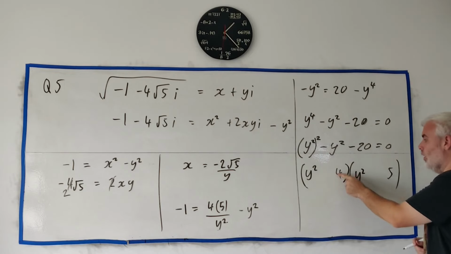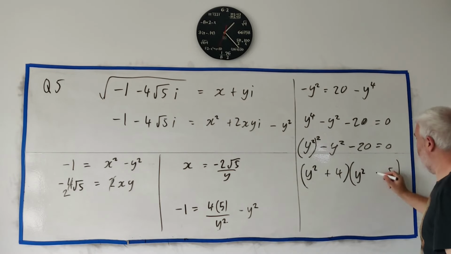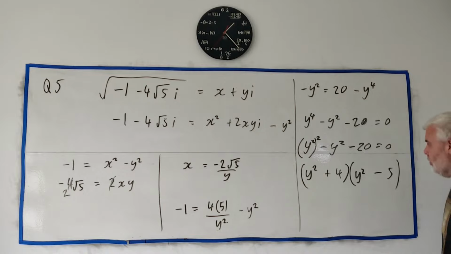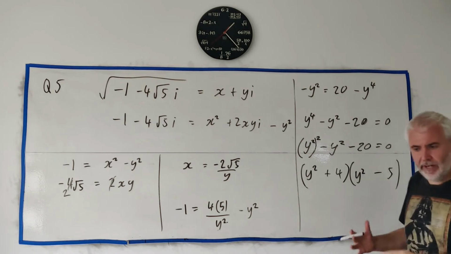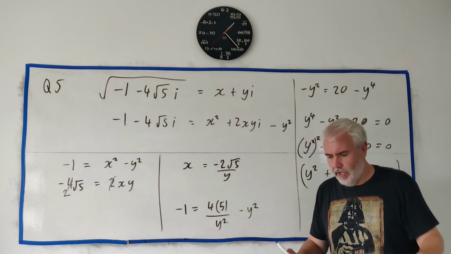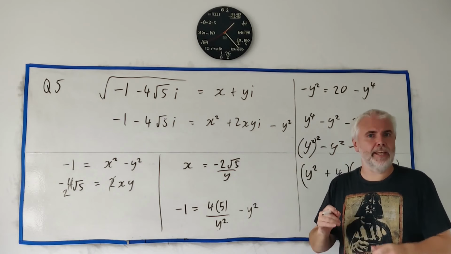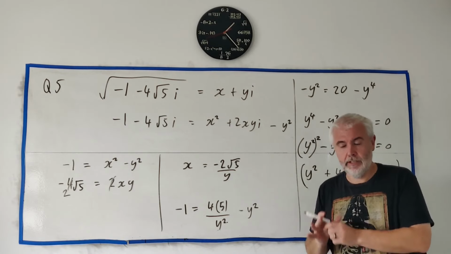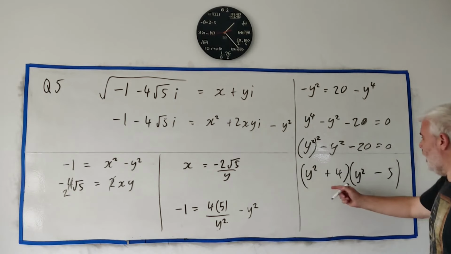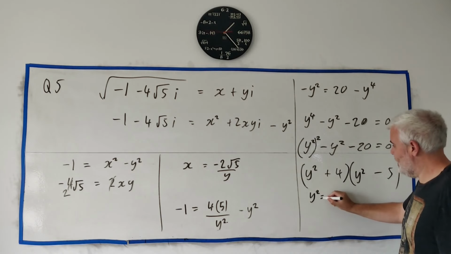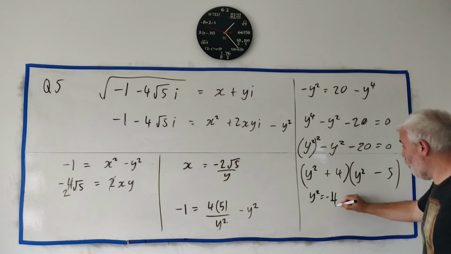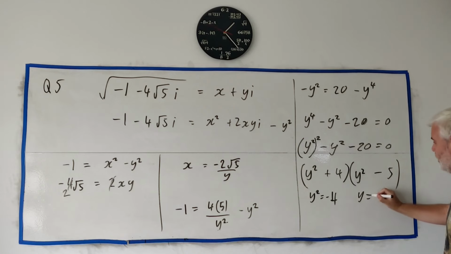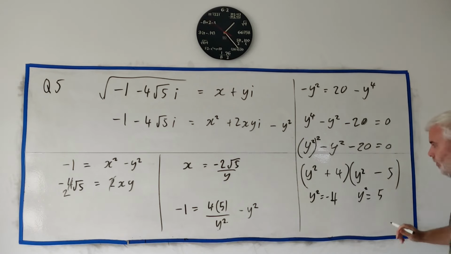So that will be y squared minus 5 and y squared plus 4 that will solve this. If you're not able to do these factorizations in your head, that's okay. Use the minus b formula. It'll take you an extra 1 or maybe 2 minutes. You'll get the same answer. And the answer we get out here is y squared is equal to minus 4, or y squared is equal to 5.